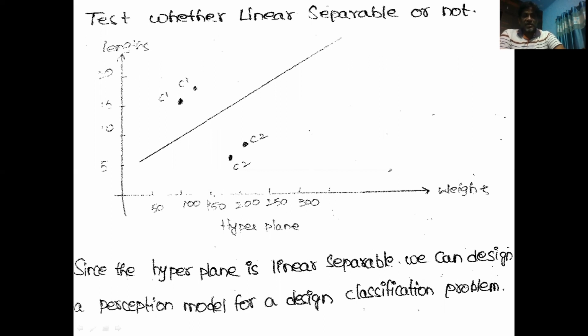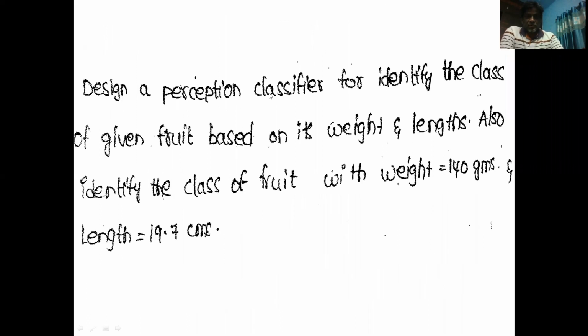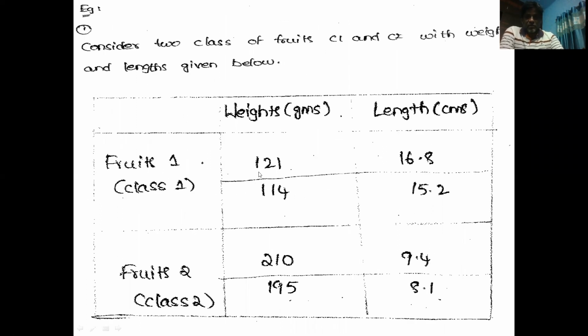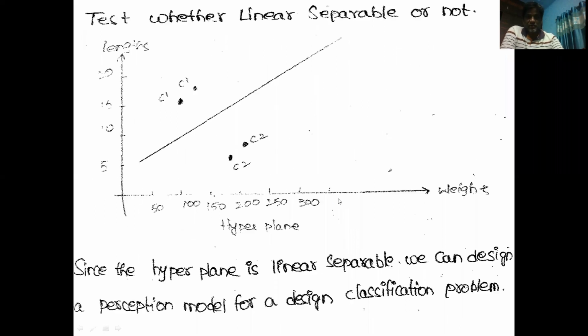Take a plane representing the lengths and weights and plot the given points for C1 and C2. For C1, there are two points: the first point is 121 comma 16.8 and the second point is 114 comma 15.2.